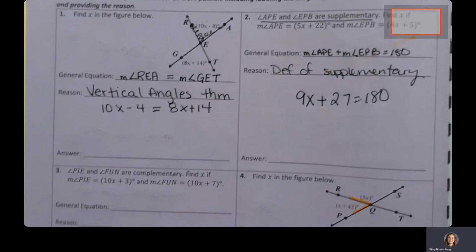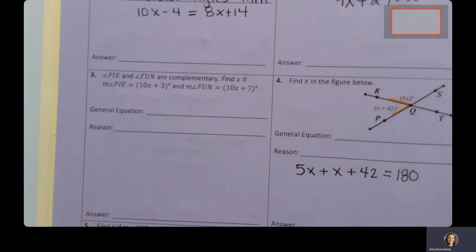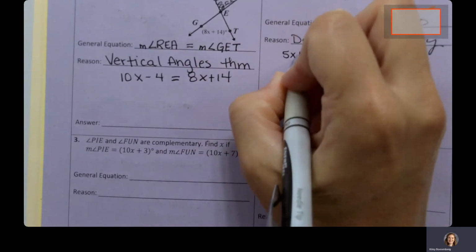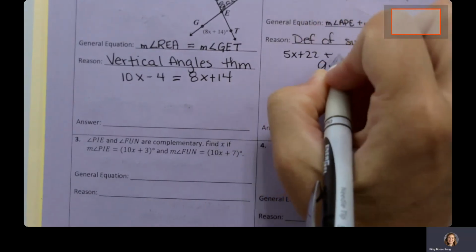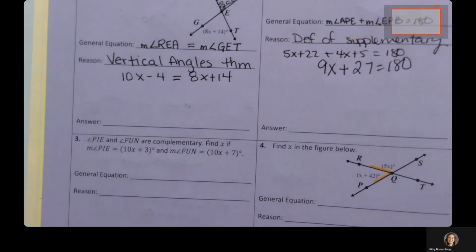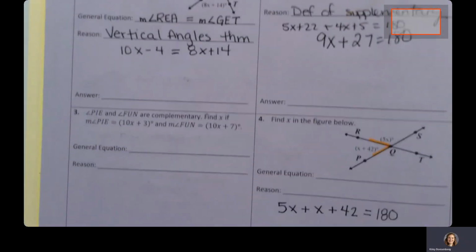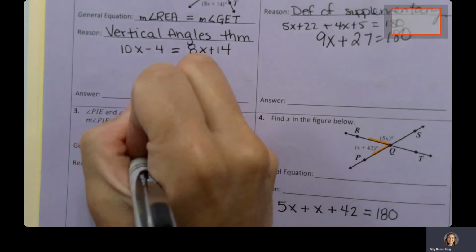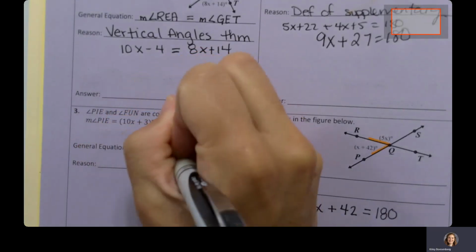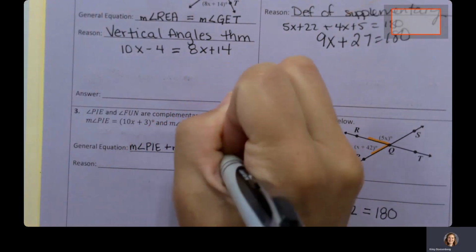Okay, so then the next one down. And again, the solving of that, and if you wrote them separately, that's totally fine too, right? 5x plus 22 plus 4x plus 5 equals 180. That's fine. So then this one down here should be the measure of angle PIE plus the measure of the other angle is 90.